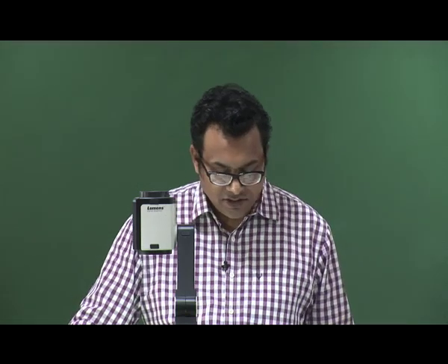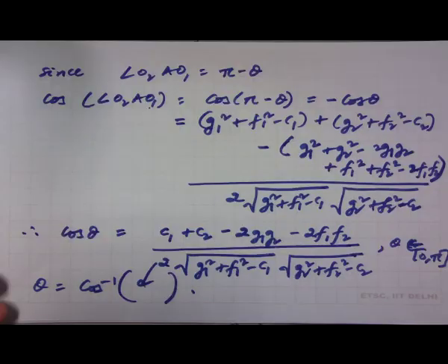So, now let us see the condition that must be satisfied in order that two given circles are orthogonal to each other.